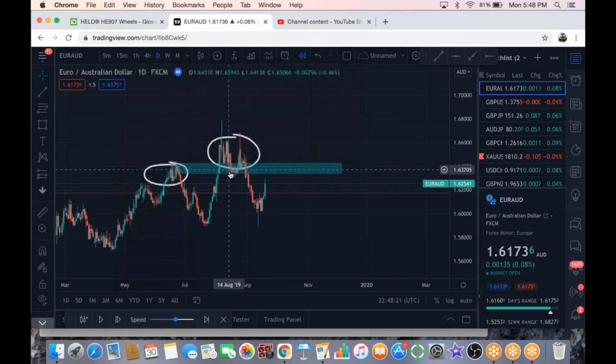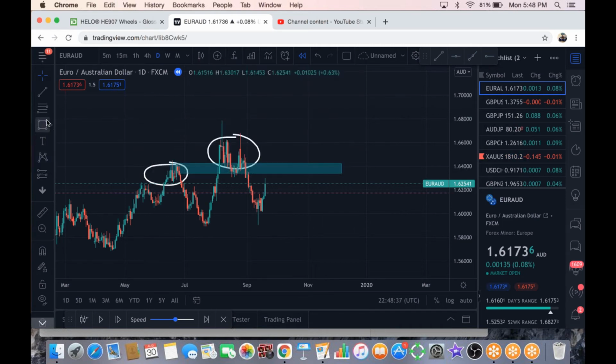So we have a resistance here as support here. Since price is now pushed under it, it's going to come back over here. And what we're looking to do is take trades based off of the second shoulder forming.